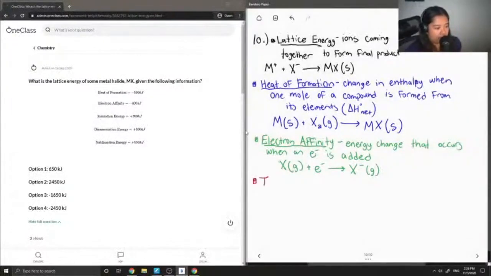Similarly, you can also have ionization energy. Some people like to see this as the opposite of electron affinity, because this is the amount of energy needed to remove an electron from an atom.